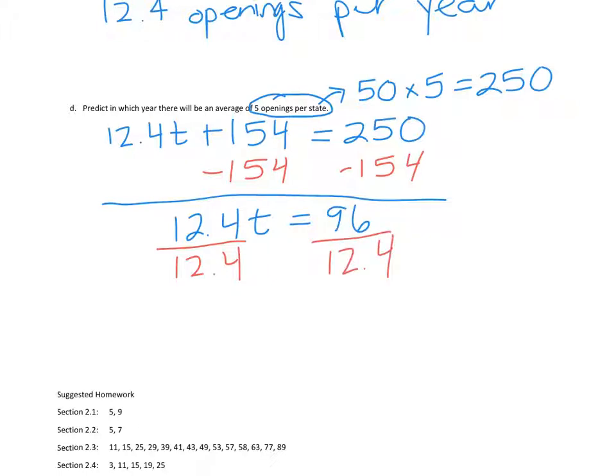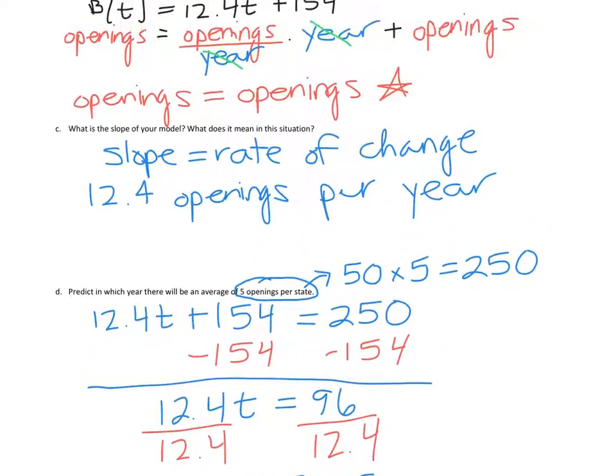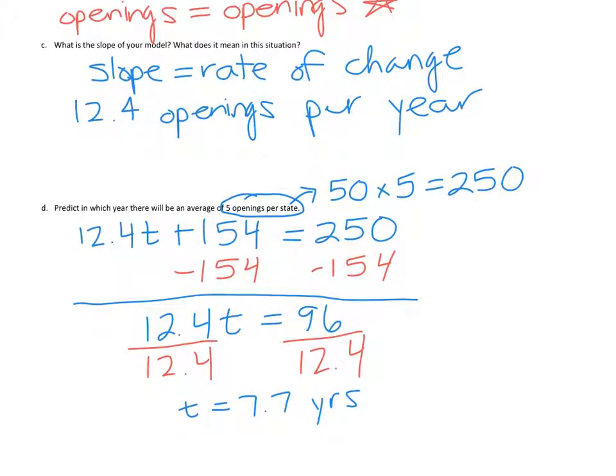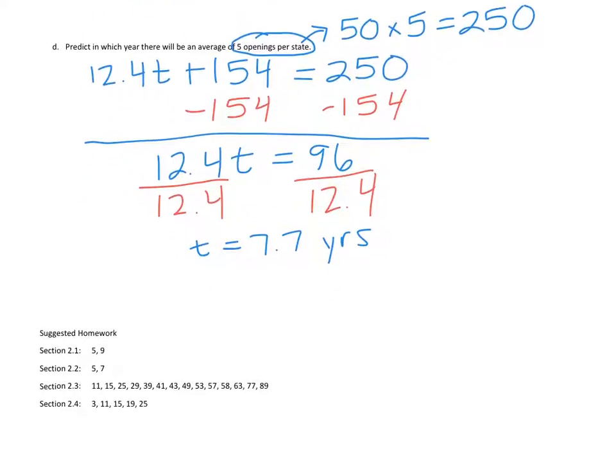And so we get T is 7.7 years, let's say. So remember, it's 7.7 years after, let's go back up, after 2010. That's what your T is. So they want to know in which year will there be an average of 5 openings per state.